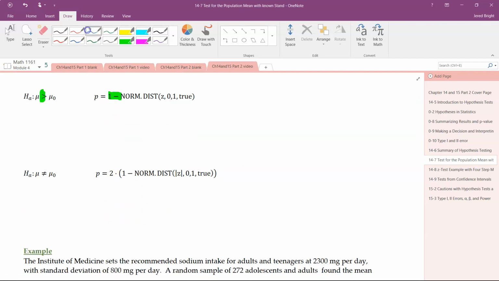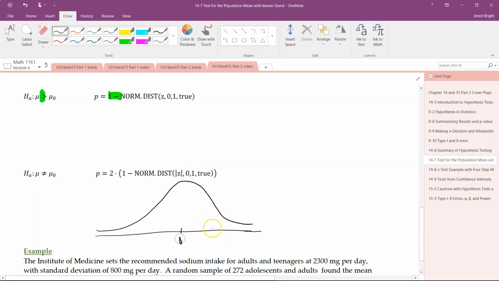Maybe the diagram will help you. So if you think about the normal distribution, and you calculate a value, so this is 0, and then maybe you get your z value here, right? You are looking for the symmetric area. So here's z, and here's minus z. The p-value would be the area from z and minus z to the end of the tails.